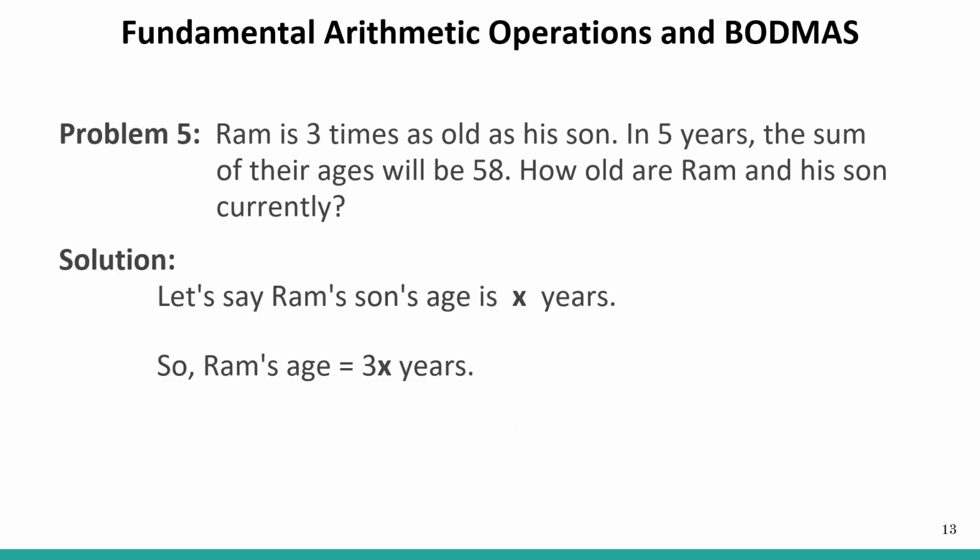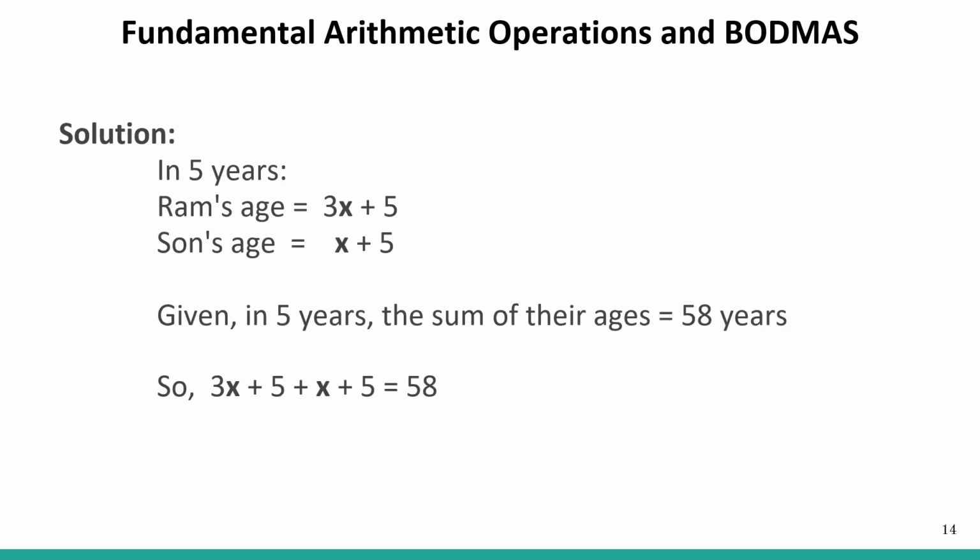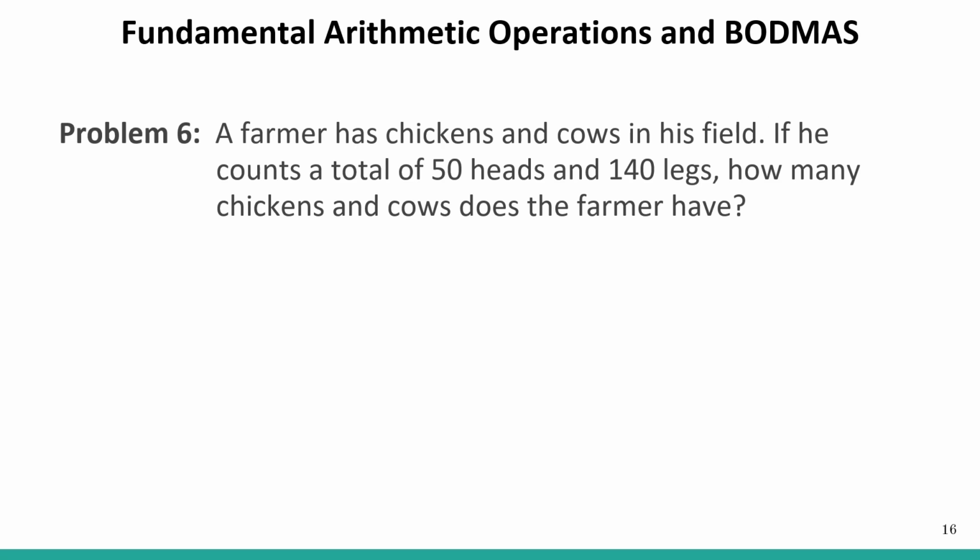The next question is: a farmer has chickens and cows in his field. If he counts a total of 50 heads and 140 legs, how many chickens and cows does the farmer have?